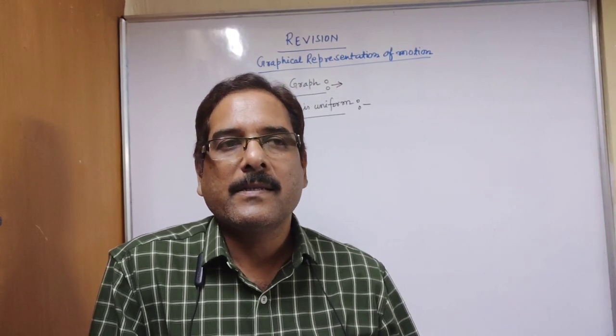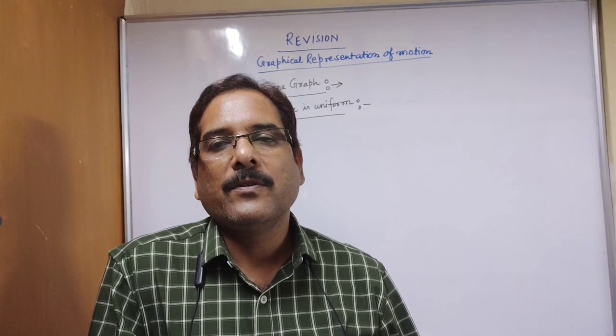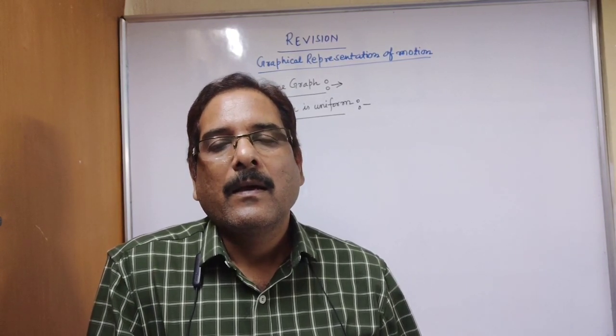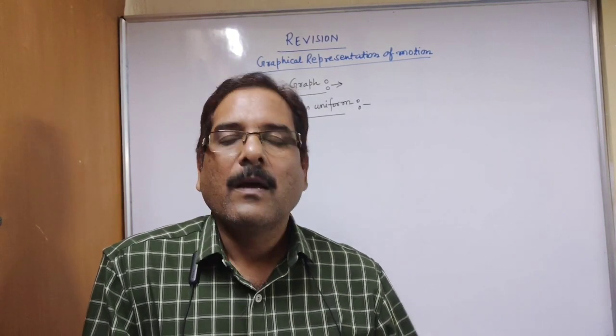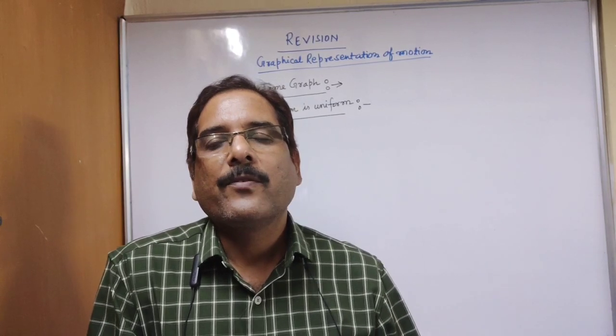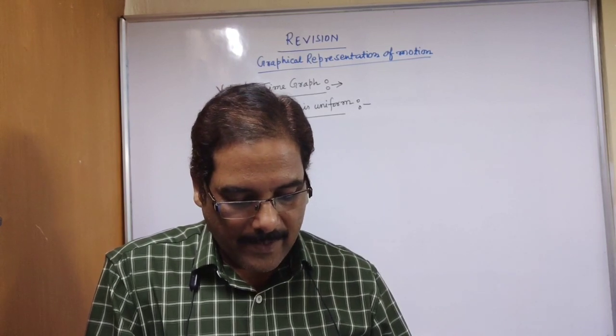So in that case, the velocity is constant. In case of uniform motion, velocity is constant and there is no acceleration. Since velocity is constant, acceleration is zero. So the graph will be a straight line parallel to the time axis.